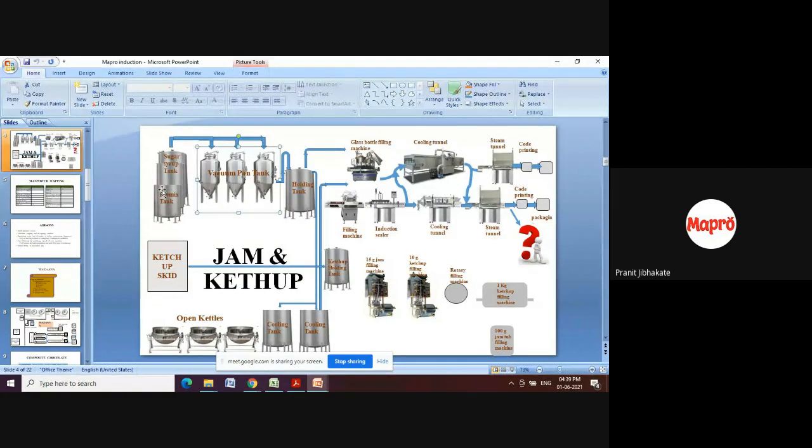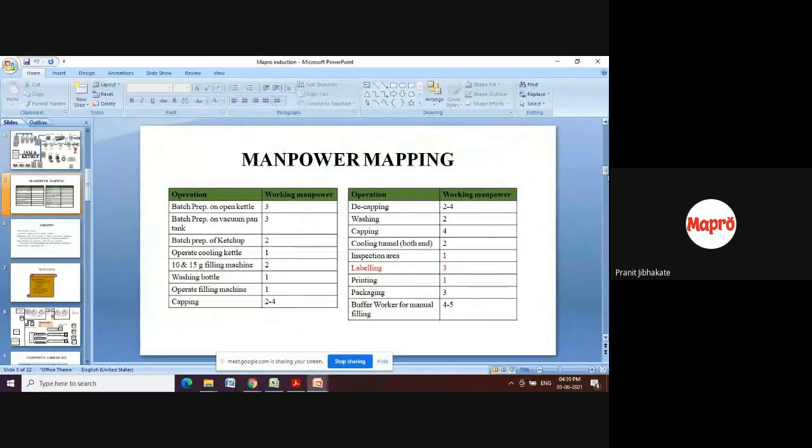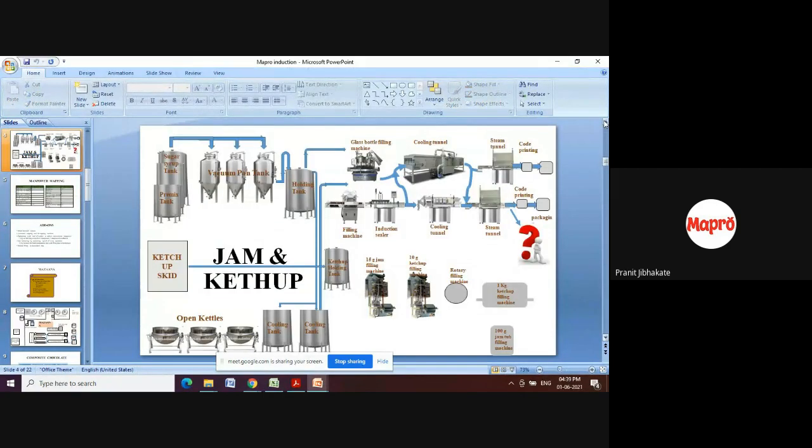Percentage of fruit pulp in the premix as per the FSSAI. What should be the percentage?